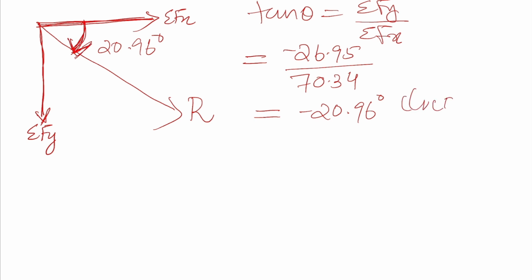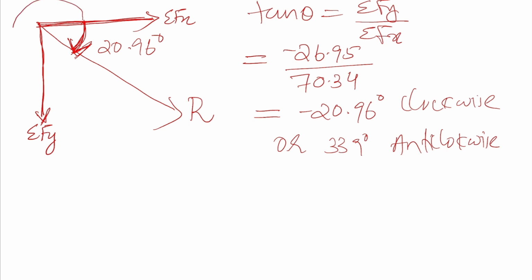This is clockwise, or we can write it as 339 degrees anti-clockwise. Anti-clockwise means it is measured like this from the positive x-axis. Either way we can represent the direction.